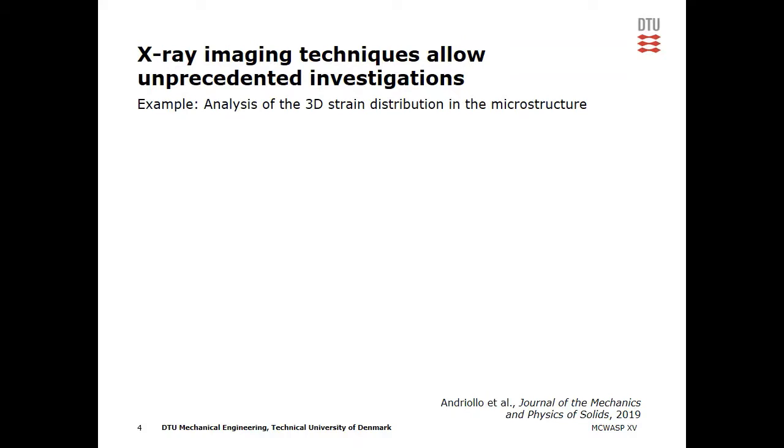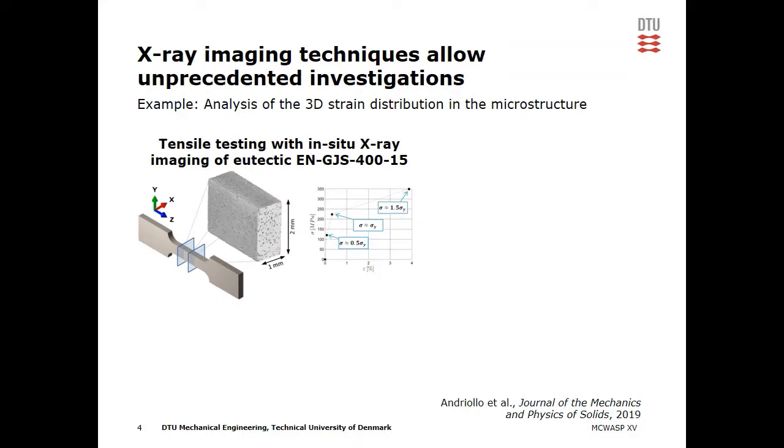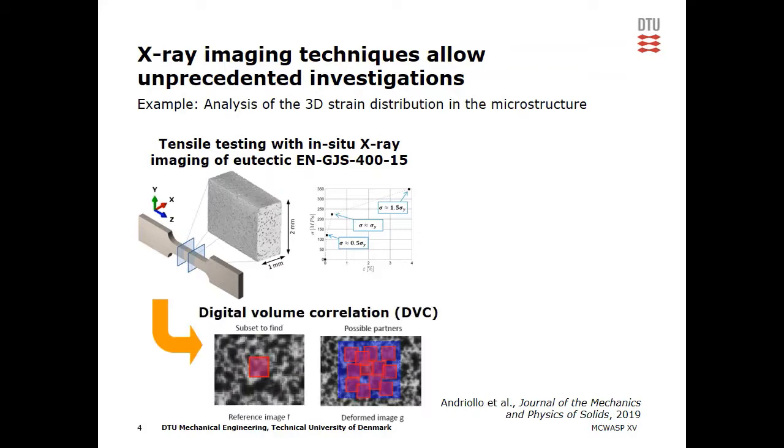As an example, I want to present an analysis of the local 3D strain distribution that we have performed recently. We considered a small tensile specimen made of a standard ferritic grade of ductile iron. This specimen was tested in tension while imaging in situ with X-ray tomography, and then we quantified the deformation using digital volume correlation.